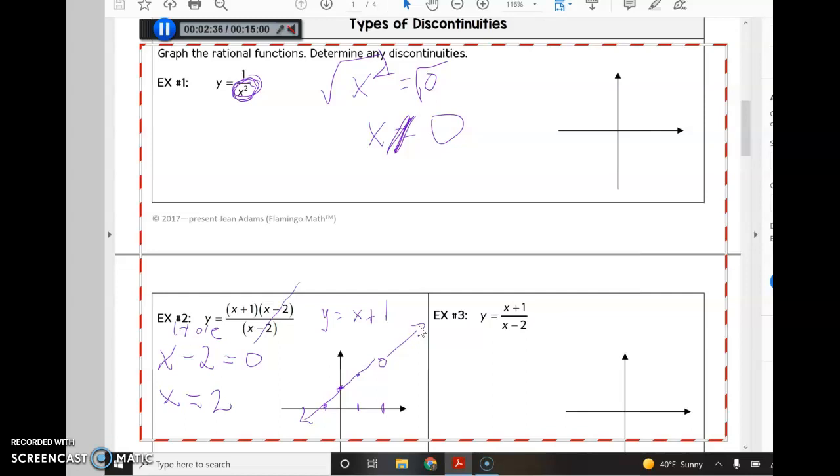Okay. The last one here, we can't remove anything. But what we can do is set the bottom piece equal to 0. So x minus 2 equals 0. So x cannot equal what number? 2, right?